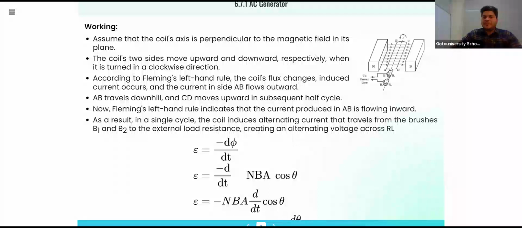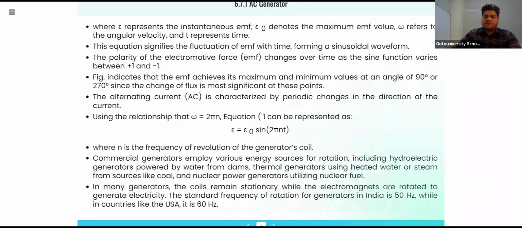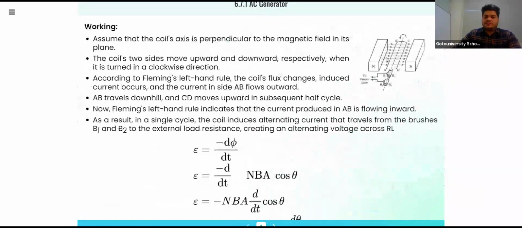We have a derivation of the AC generator. This is the last topic.